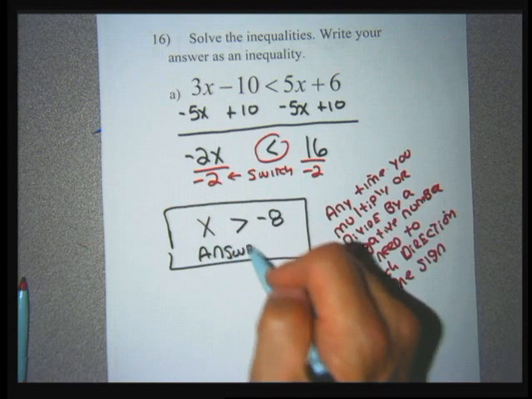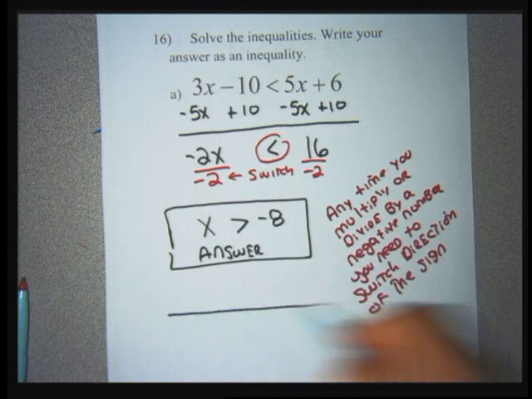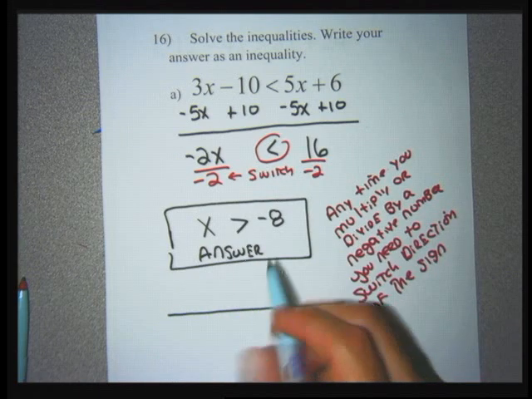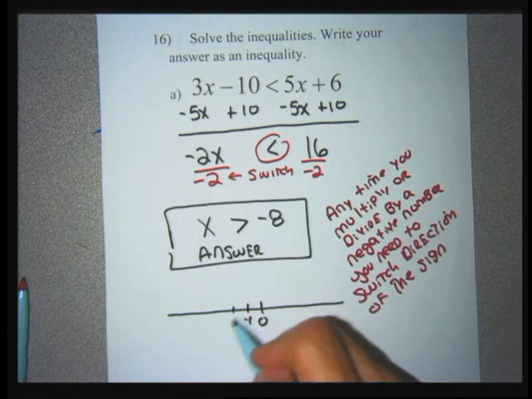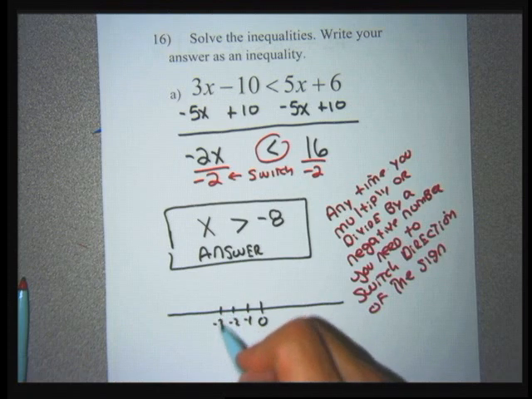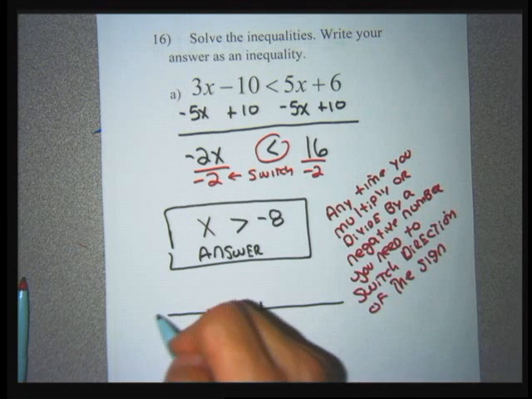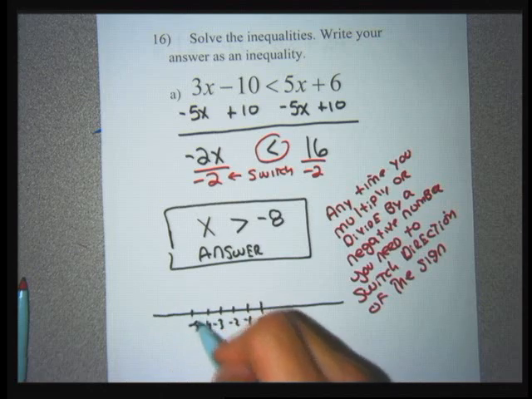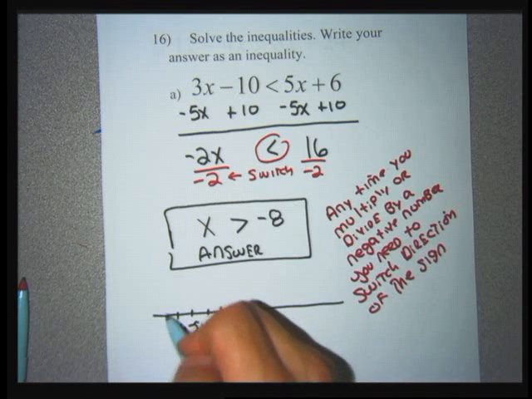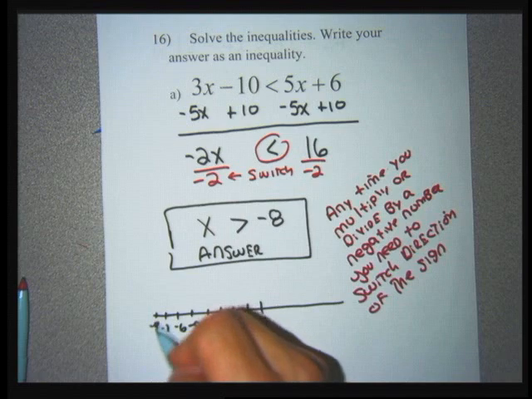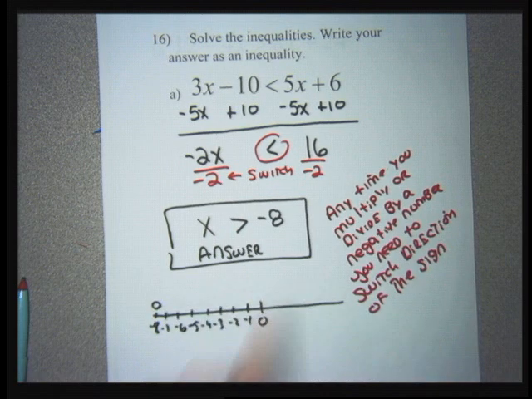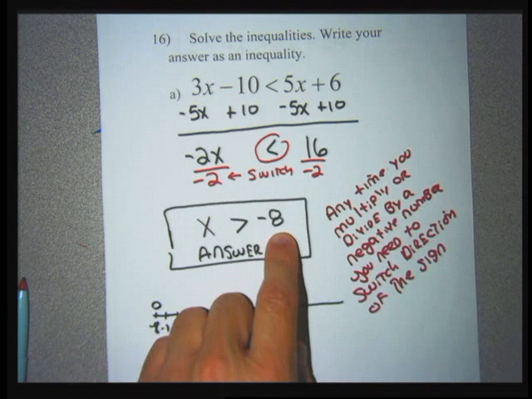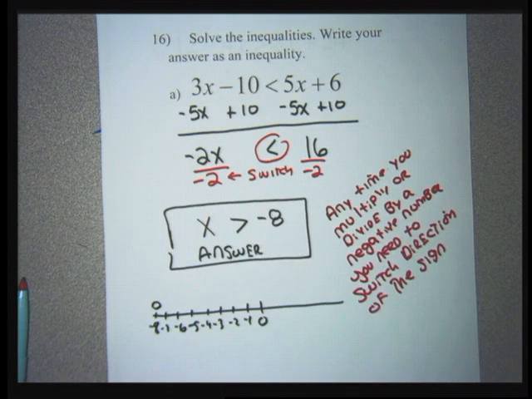But it could happen that on the multiple choice answers that you might be presented with, you might see a number line answer. And the Accuplacer test writers for number line answers, they put open circles above the target number that's in the answer if there's not an or equal to.